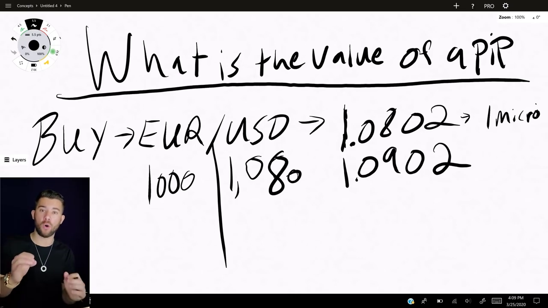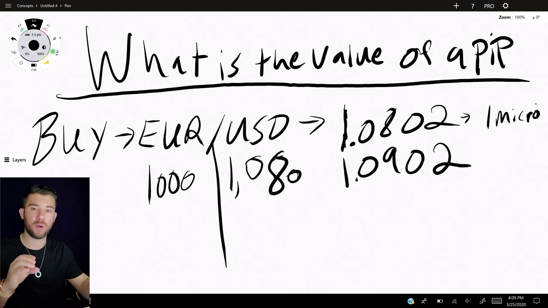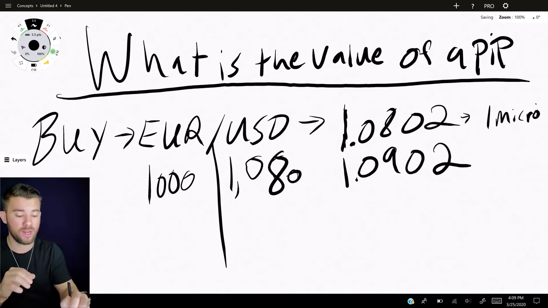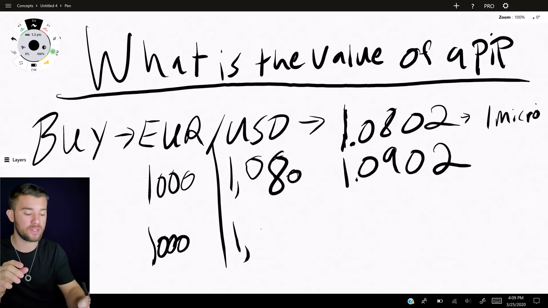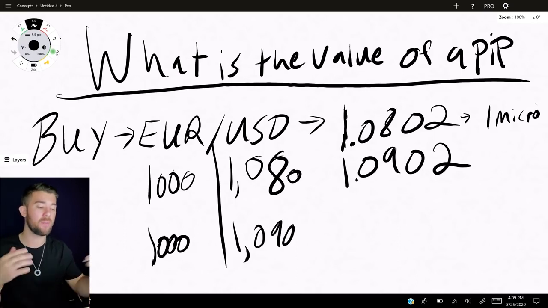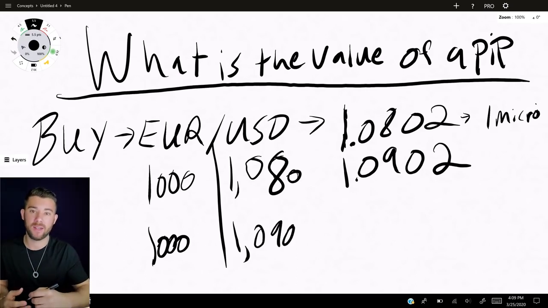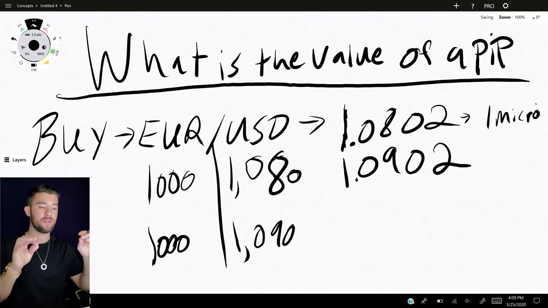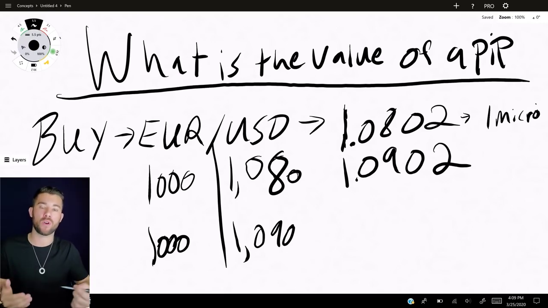You exchange it. You hold that 1,000 euros until the price rises by 100 pips. And when it does, your same 1,000 euros is now worth $1,090 because of that rise in price. So that's exactly how the value of a pip works when using a certain lot size.